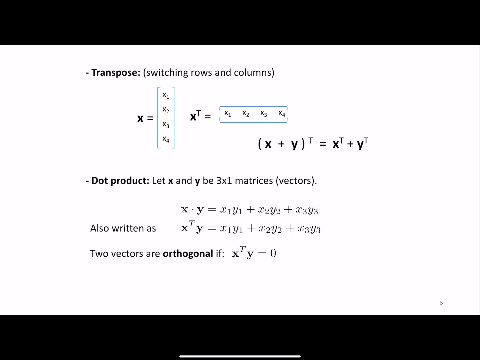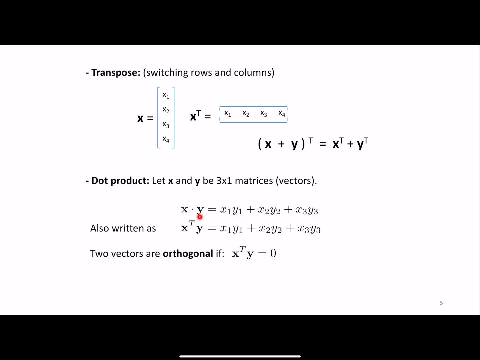Another important operation with vectors, which is used a lot in engineering and physics, is the so-called dot product. Let's say we have two vectors, and these two vectors are 3-dimensional, or 3x1 matrices. We write the dot product between x and y as the sum of the products of their individual elements.